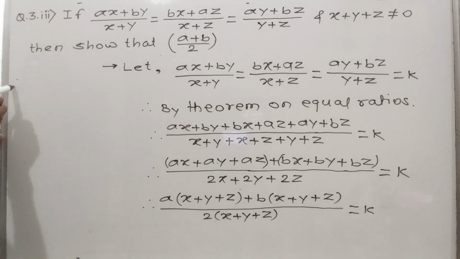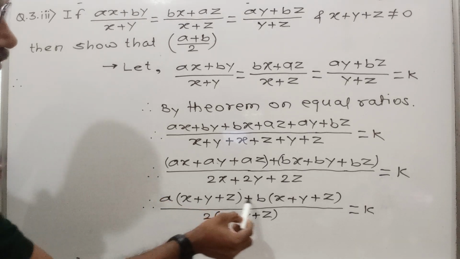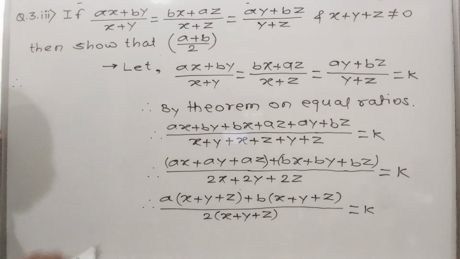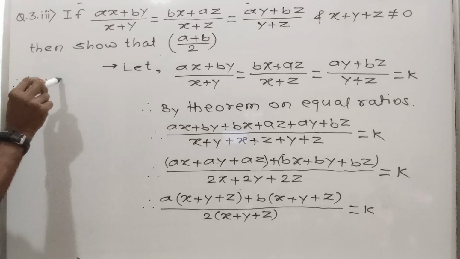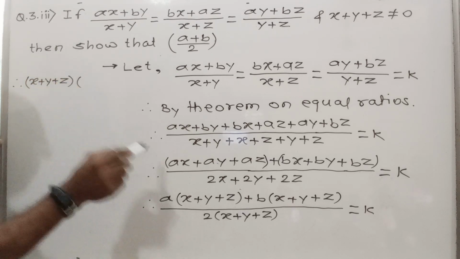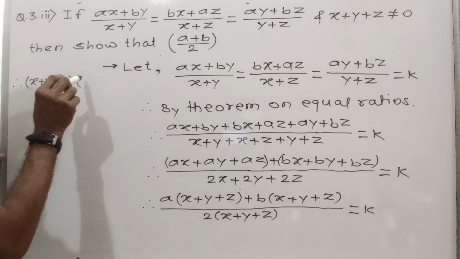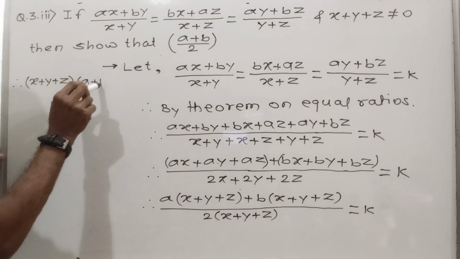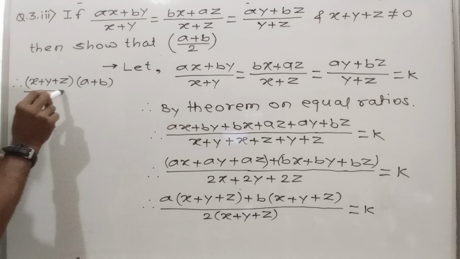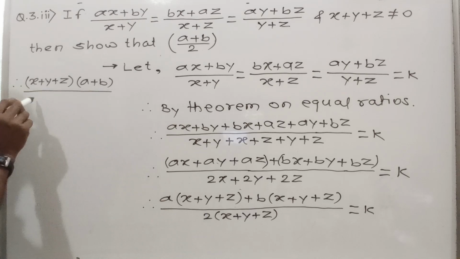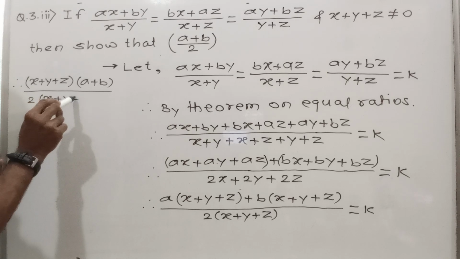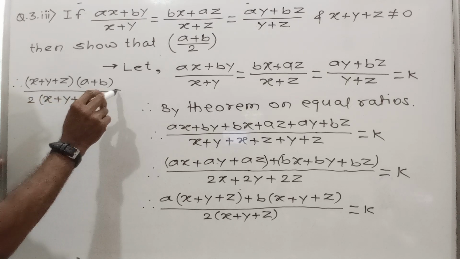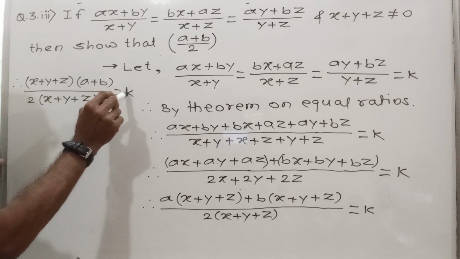Therefore, here x plus y plus z is common. What is left? a plus b is left upon 2 in bracket x plus y plus z, is equal to k.